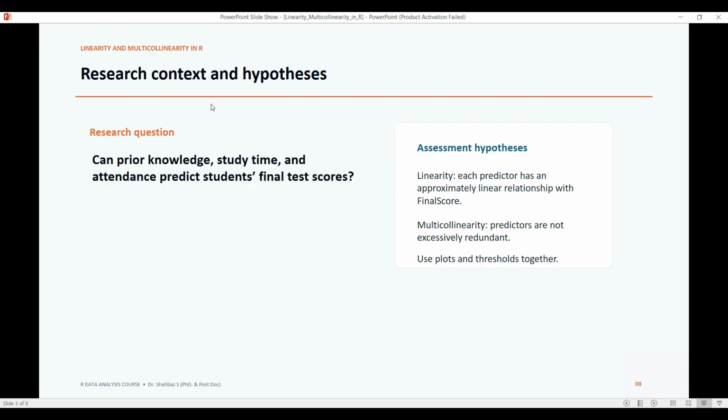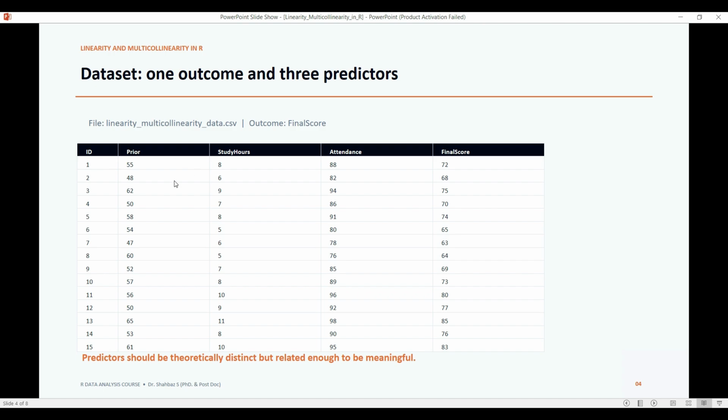So our research context and hypothesis, according to our data: we have a data set of 15 students. These are prior knowledge, study hours, and attendance. So these are three independent variables, meaning predictors, and the final score is our outcome, meaning dependent variable.